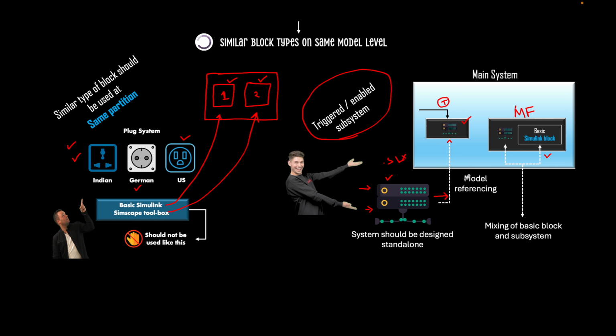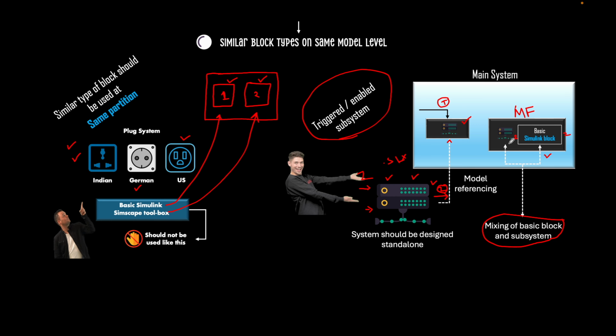You can refer to the standalone model. Suppose two inputs are there, then you will have two inputs over here, and suppose you have two outputs, then you will have two outputs over here. In this case, you have created your model separately and you just referred to it by using the concept of model referencing. Here you will just put the file name and the model will be loaded inside the model referencing block.